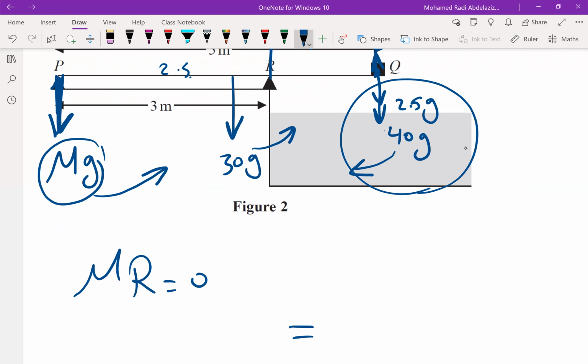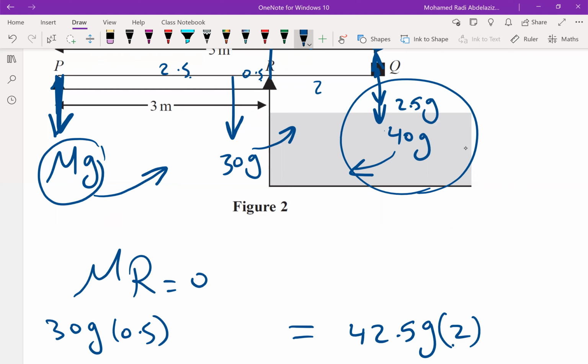So we'll add 40 and the 2.5, which will be 42.5 G multiplied by the distance, which is 2. The anti-clockwise is 30 times G multiplied by 0.5 plus mg multiplied by 3.